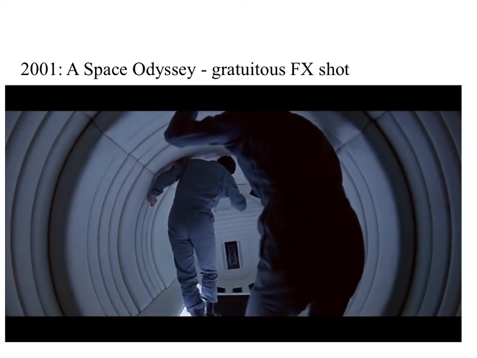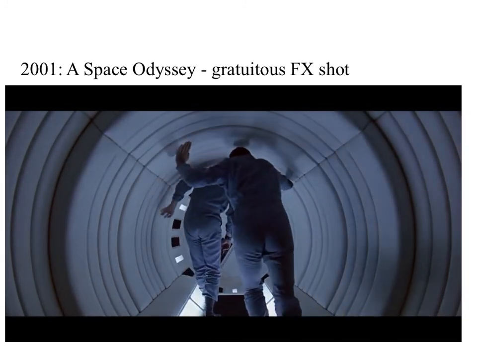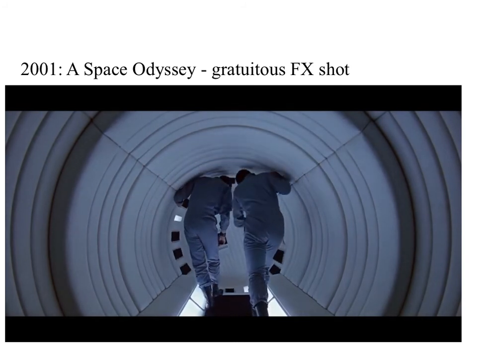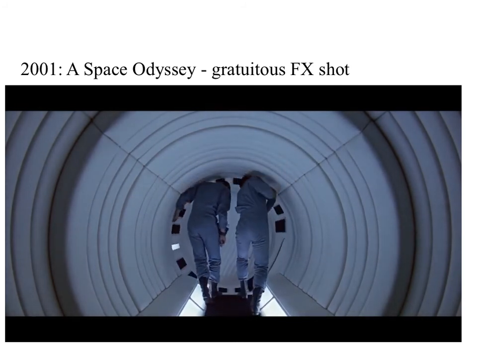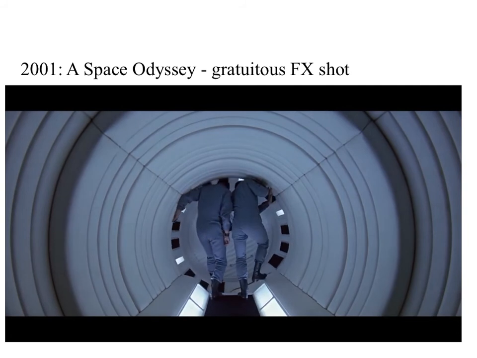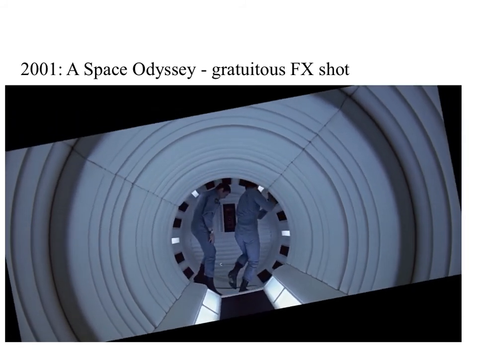So here they are clawing back through that low gravity section, and they have to swing into the non-rotating part of the ship, actually, which is where they're going, so that they can talk.